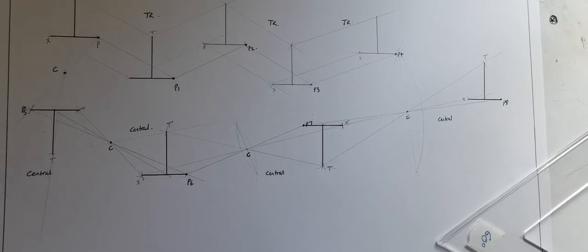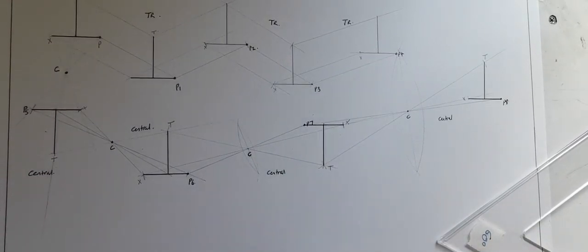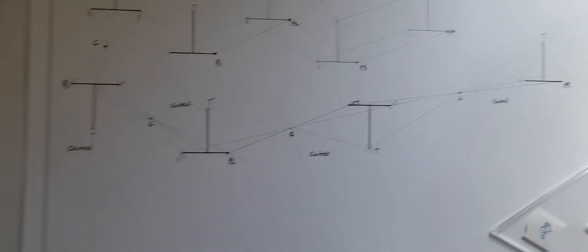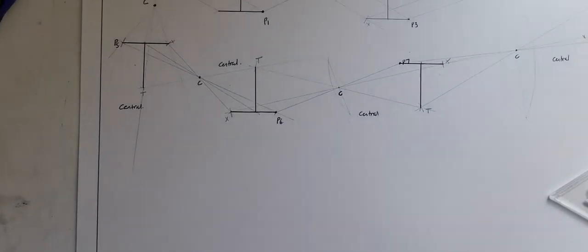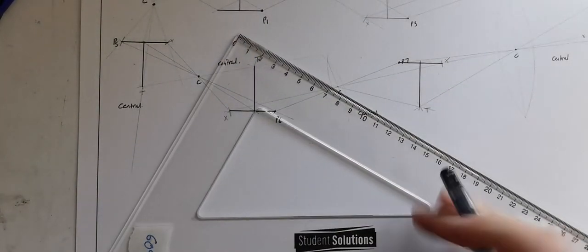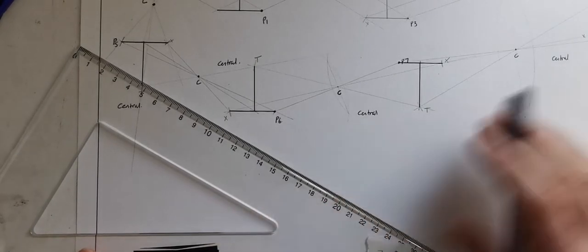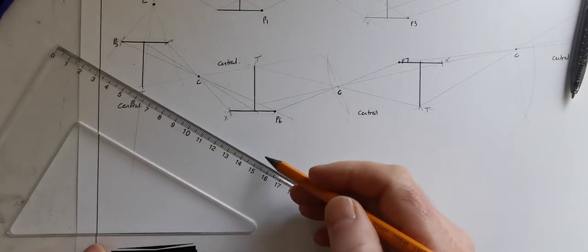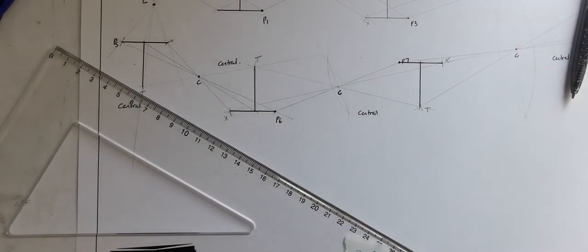Right, I'm going to work from P6 back here again. I'm going to make the first one a bit easy. I'm going to put just an axis here, in red.